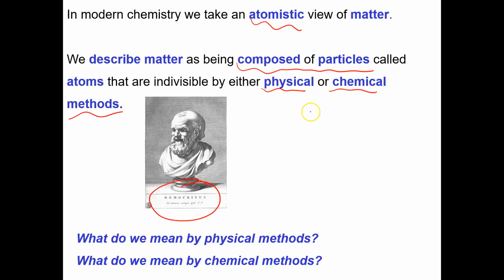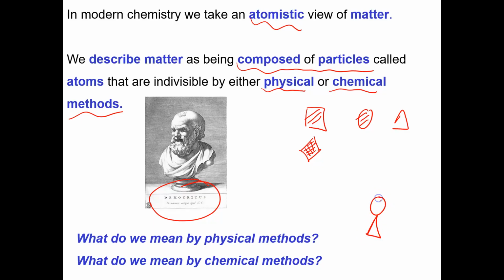So basically what we're going to say is we've got a bunch of different shaped building blocks, and we can put those building blocks together in different ways to build up all of the objects that we see around us.